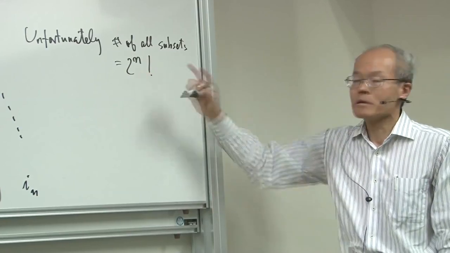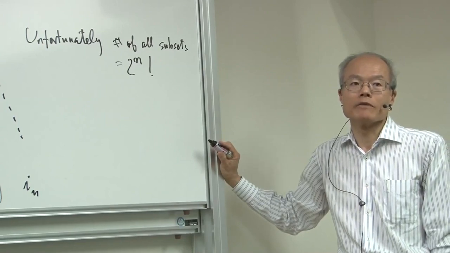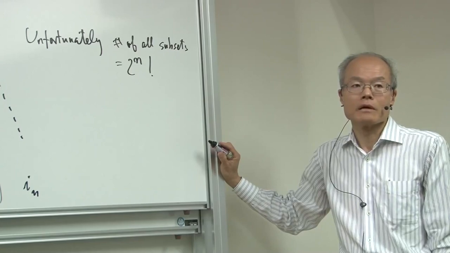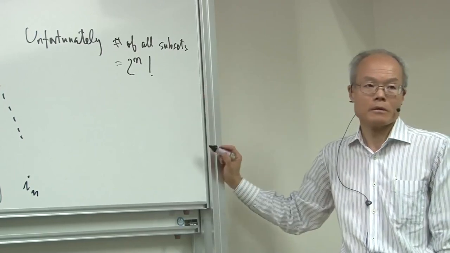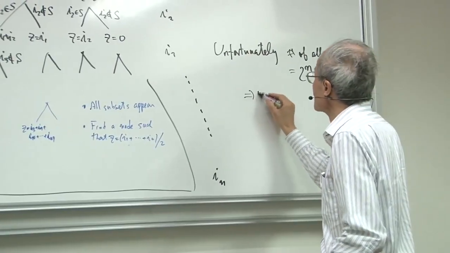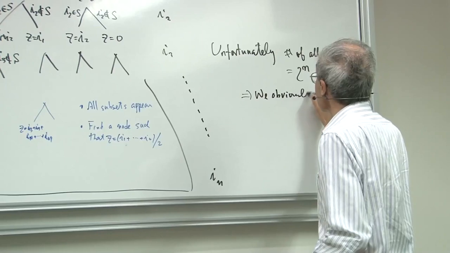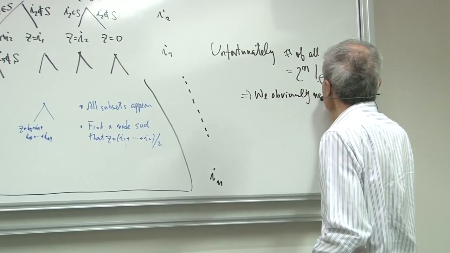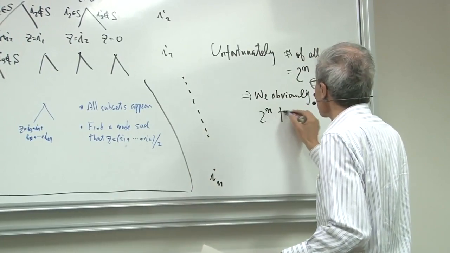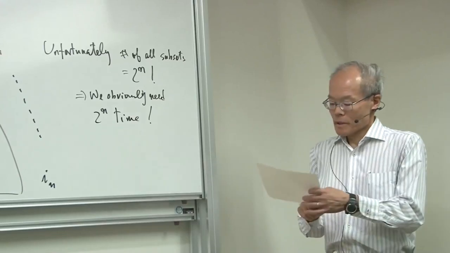Oh, this is a huge value. If n is equal to, for example, 100, then it's completely out of the question. Huge number. Okay. So this is bad.